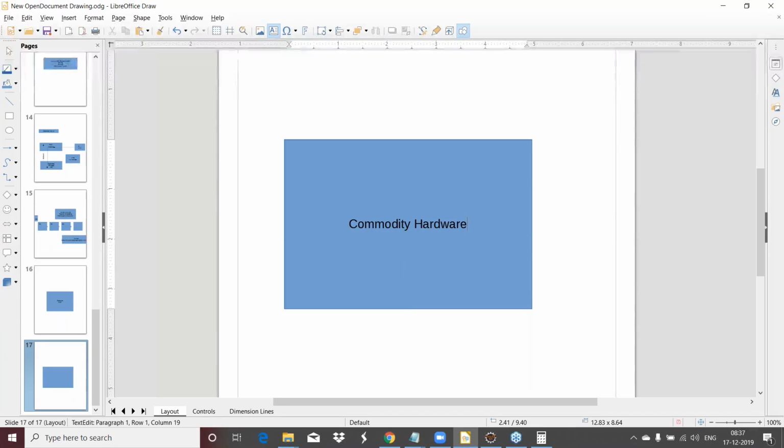I'm just asking you, there is still some problem in the definition of Hadoop. You can do a quick revision of this definition of Hadoop in your mind, and you can tell me what could be the possible problem. Anybody?